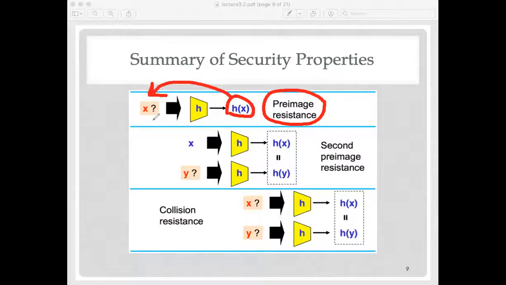If you have the hash of the input, which is x, you actually cannot reverse this and get the input.